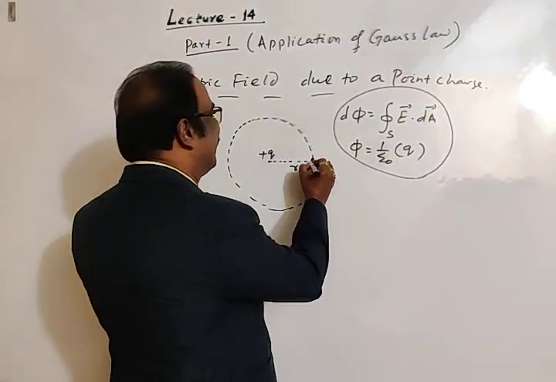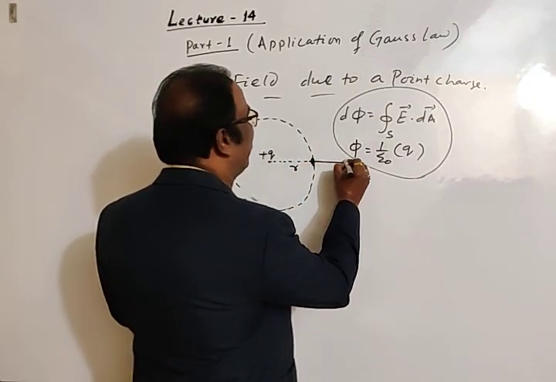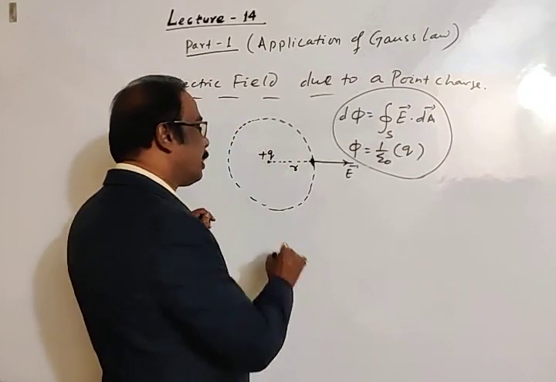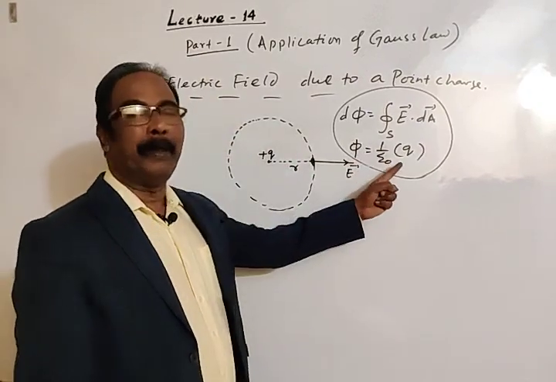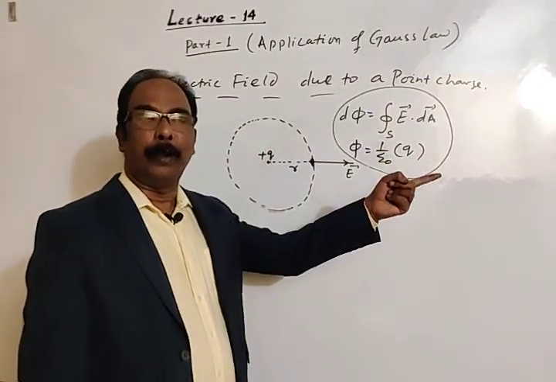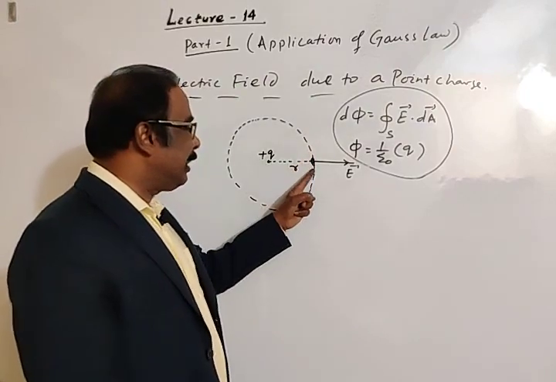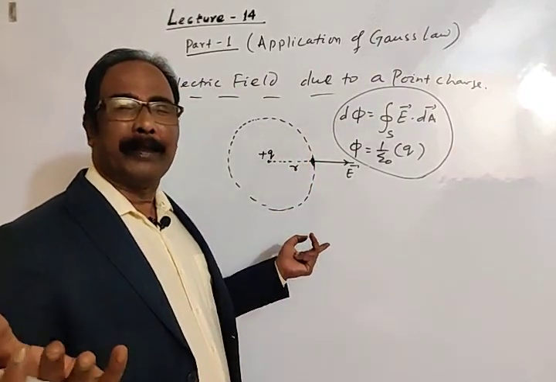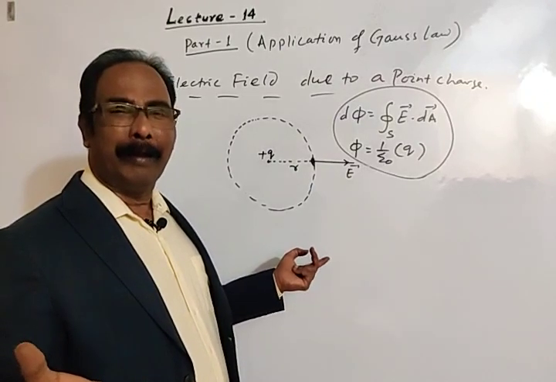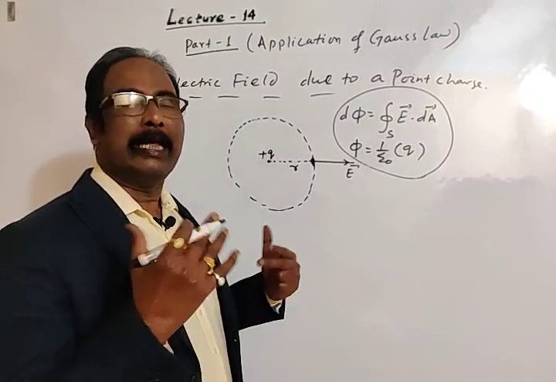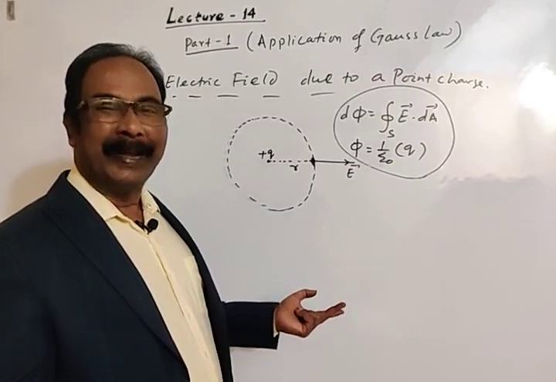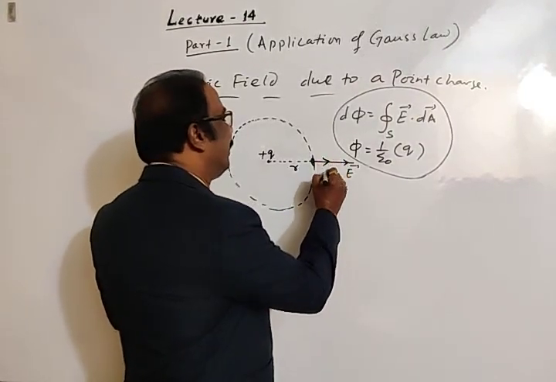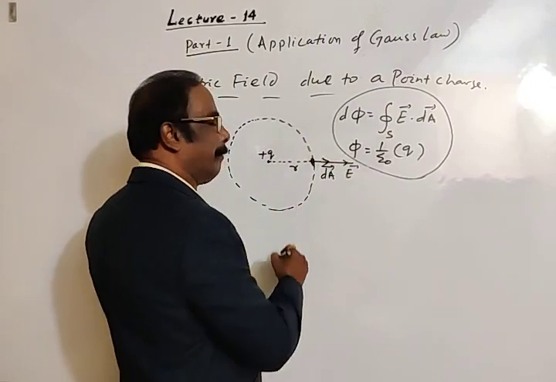Since this charge is positive, electric field is in the radially outward direction from this point. Again, this is the elemental area dA. The direction of the elemental area vector for a closed surface is also radially outward, so this is the direction of elemental area dA.